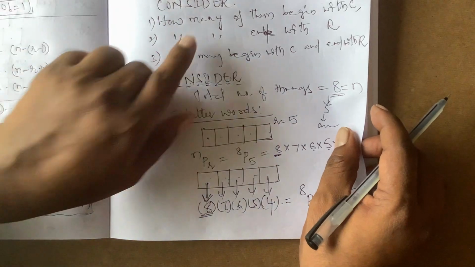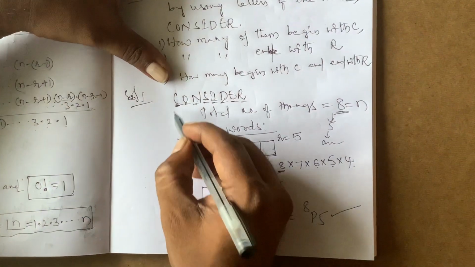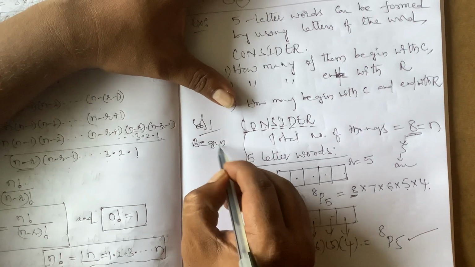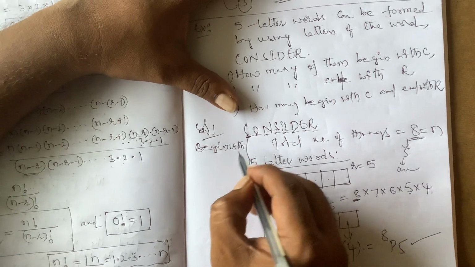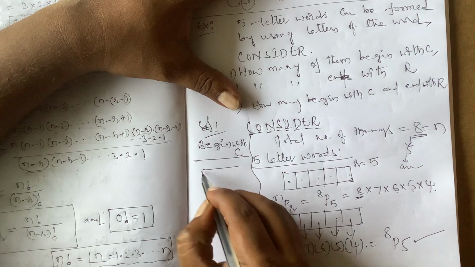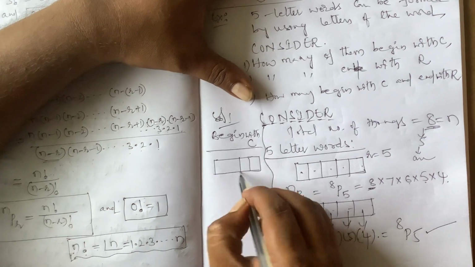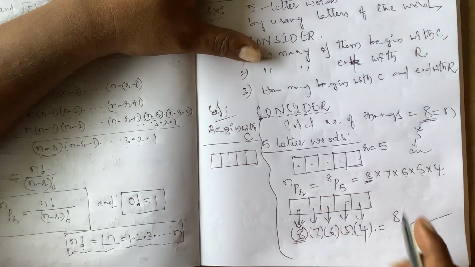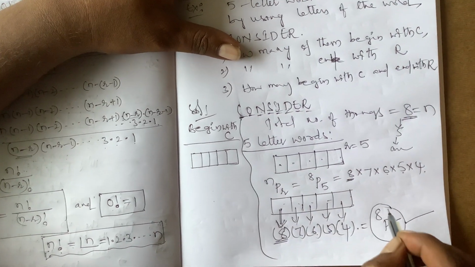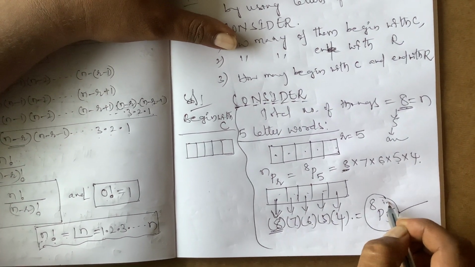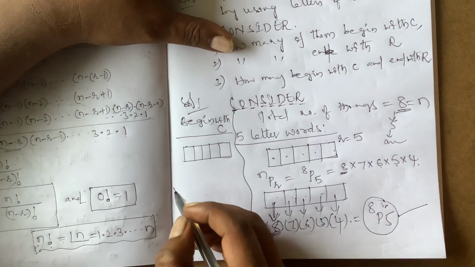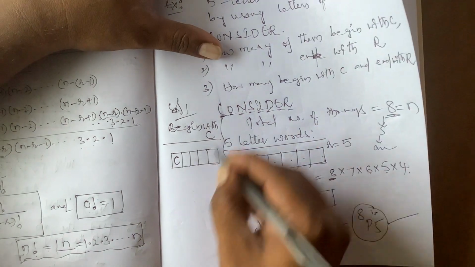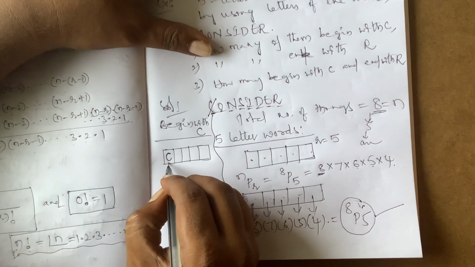Next, how many of them begin with C? Here only I will explain. Listen for your convenience. Begin with C. So 1 2 3 4 5-letter words only, but out of these 8P5 5-letter words, how many begin with C? That is the bit. So begin with C means fix C here. So 1 letter is completed.